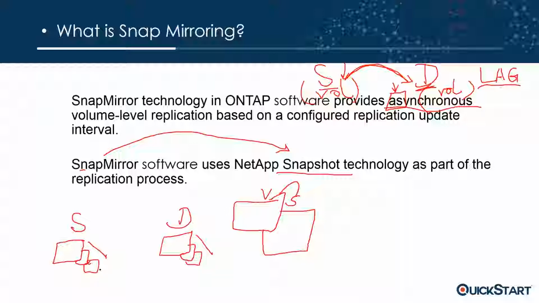After that, they will always share a common snapshot to look for the newer updates, and the destination just has to look at the newer changes, which will be tracked in the snapshot and given to here, and a snapshot can be generated here. So this is the whole basic idea of what a snapshot does, and this is the base that mirroring uses in order to replicate a volume to the destination.